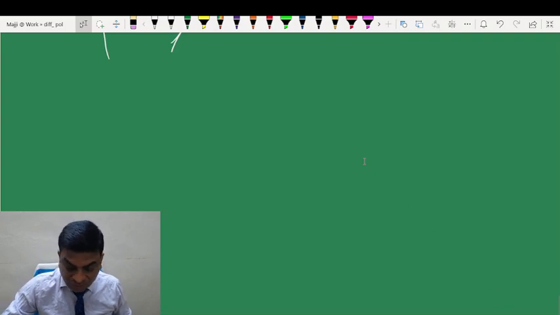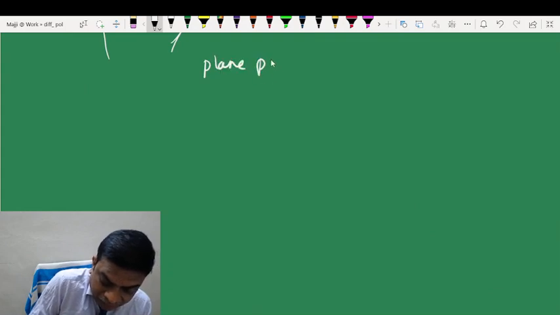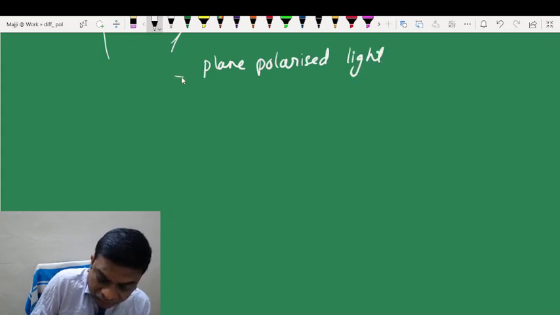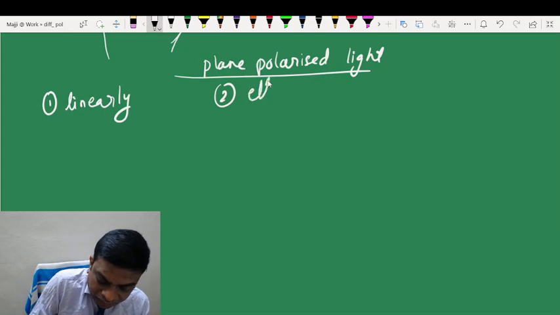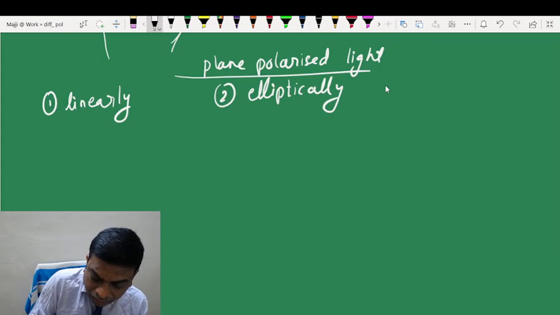So first thing which I would like to tell you is that in plane polarized light, you come across certain terms, that is linearly polarized, then elliptically polarized, then circularly polarized.